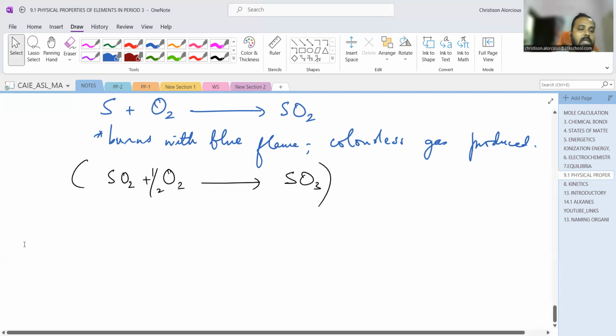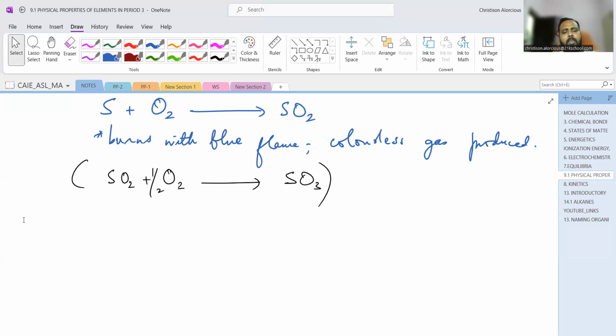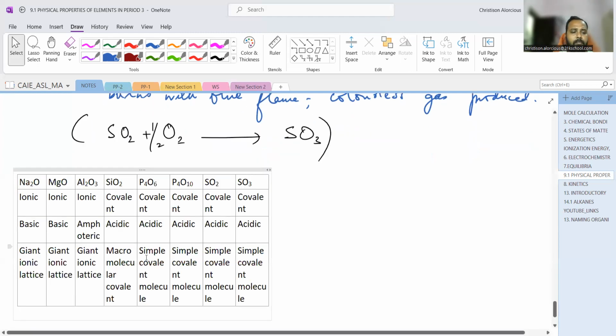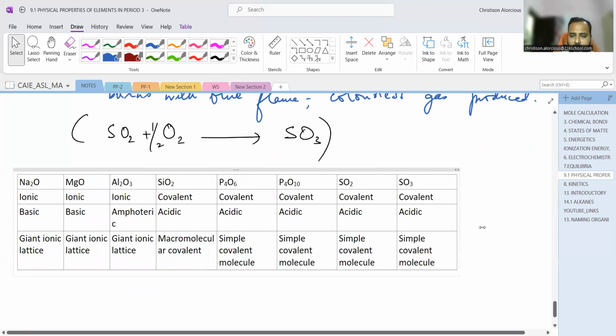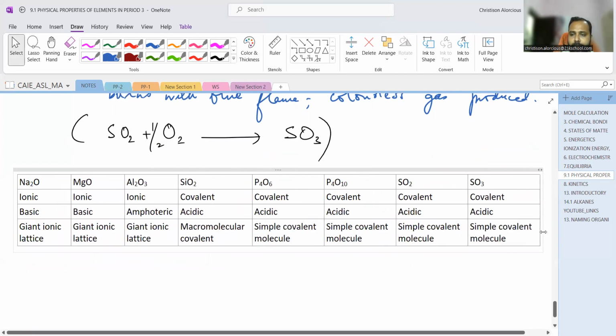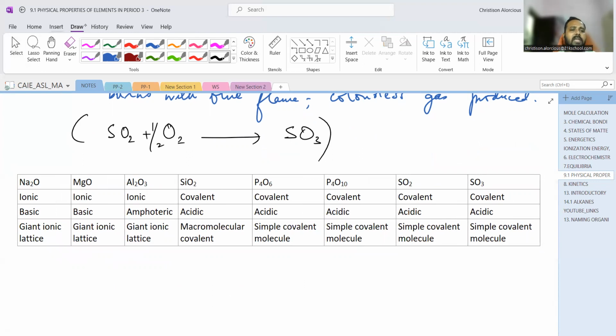All right. So these are the equations and the observations. However, you will also be asked about the acid-base nature and the nature of bonding in all these compounds, which I've managed to put in a nice little table. If you look at this, these are the different oxides that are present.